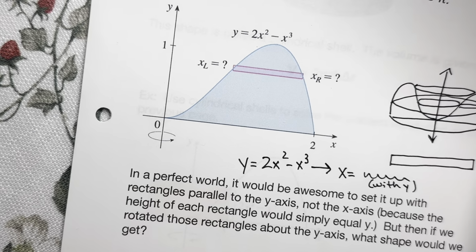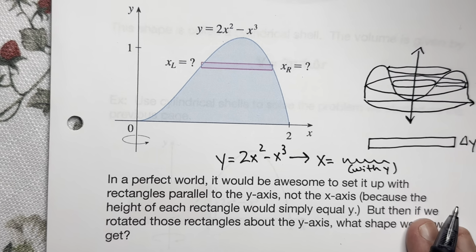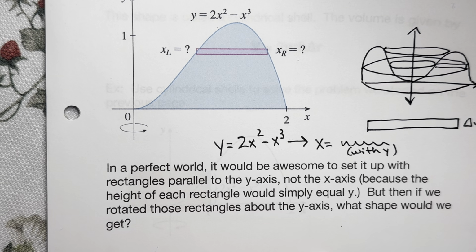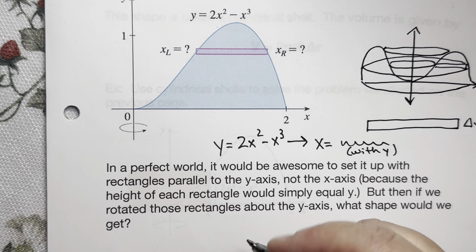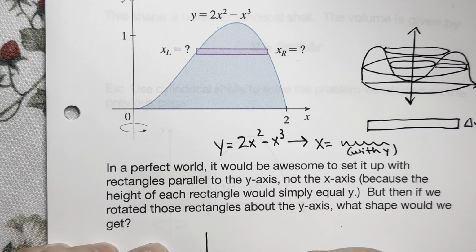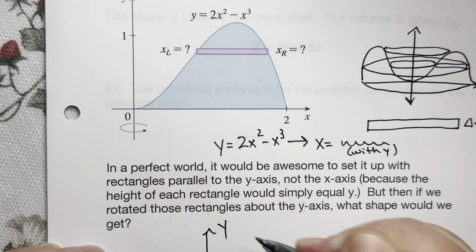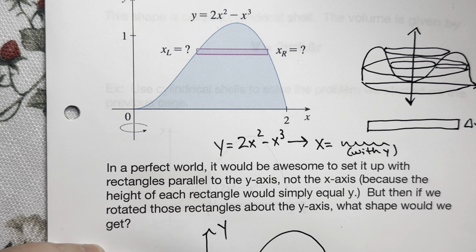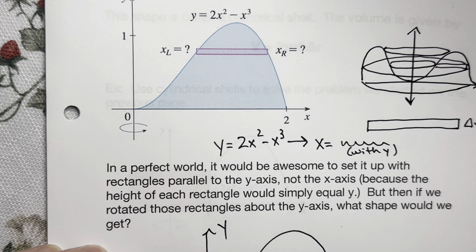In a perfect world, I go on to say here, it would be awesome to set it up with rectangles parallel to the y-axis. So what does that look like? Well, here's the y-axis. Here's the x-axis. Here's my not great picture, but pretty good.